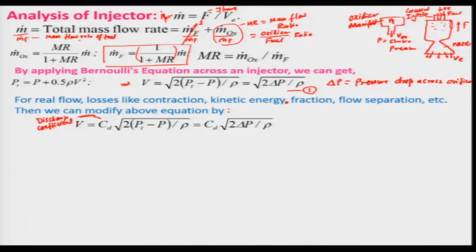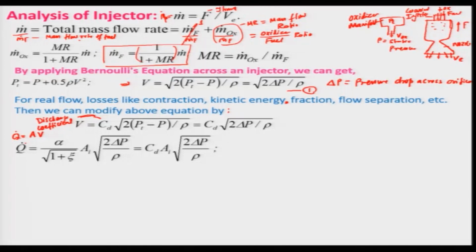And of course, we know that Q dot, the flow rate, is nothing but A into V. So, by using that we can write Q dot, the volumetric flow rate, as alpha divided by root over 1 plus zeta, into A_I, root over 2 delta P by rho. A_I is the injector's cross sectional area; it can be oxidizer or fuel. Together these we call C_D.